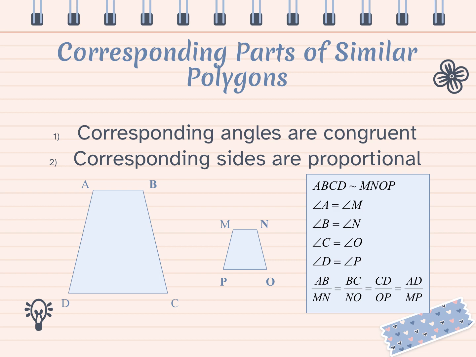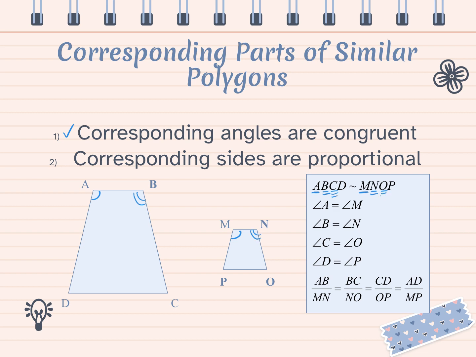So, for example, you have two shapes here. We have quadrilateral ABCD and quadrilateral MNOP. And we know, again, that angle A is going to correspond with angle M. And in similar shapes, the corresponding angles are congruent. So angle A will equal angle M. Angle B corresponds with angle N, and they are congruent.